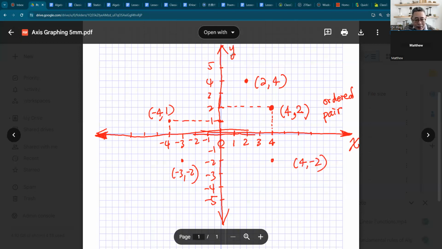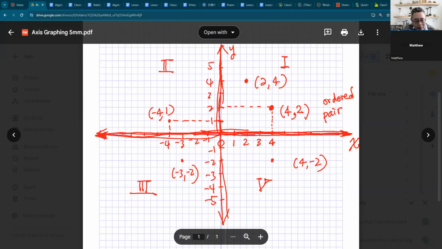Now you can see this made four quadrants. This quadrant we call quadrant 1. This quadrant we call quadrant 2. This is called 3. And this one is quadrant 4. Now, points on the line are not in any quadrant.